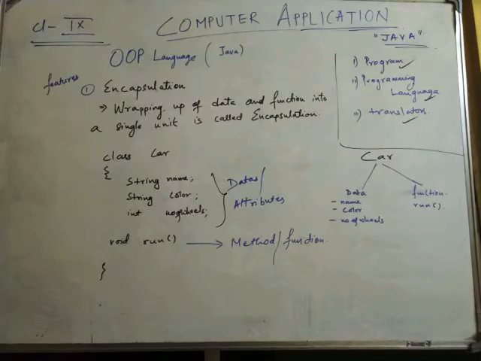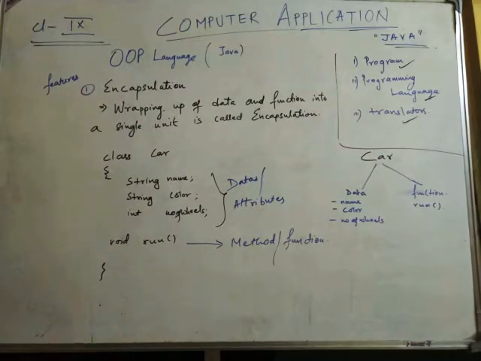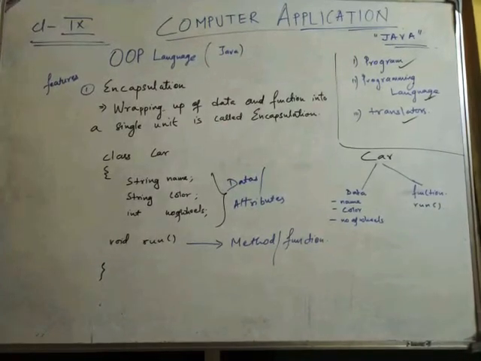Now the data, as you have learned in class 8, we did a little bit about Java in class 8. If we have a name or a color, they are denoted as string values. When we have a group of alphabets, we denote it as string. If we have whole number values, we denote it as int. If we have decimal values, we will take double, and if we have a character value, a single alphabet value, we will take character or char.